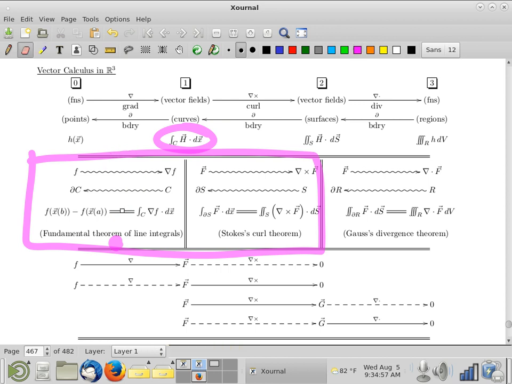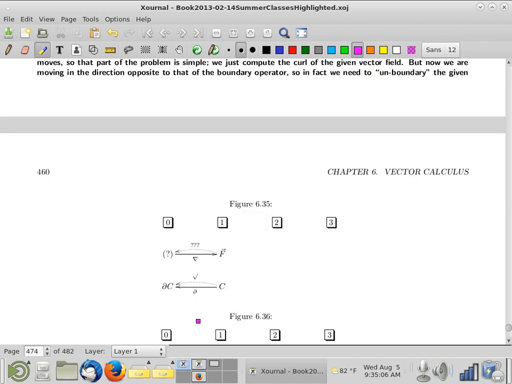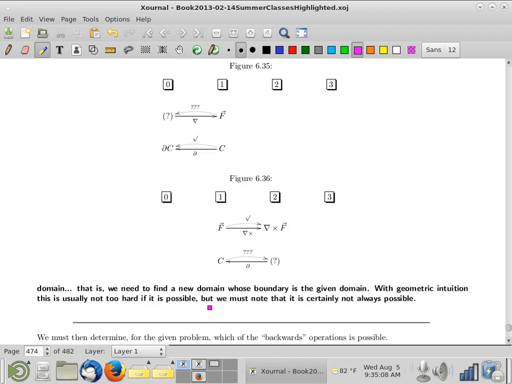Okay. Now, same issue. Given a line integral in R3, let's ask the question, can I use Stokes' curl theorem? Well, again, there's two issues to be resolved. On the one hand, I'd need to take the vector field that I was given, and I'd need to compute the curl. Sure, go ahead. You're given the vector field. That's the direction the curl vector points, so compute the curl.